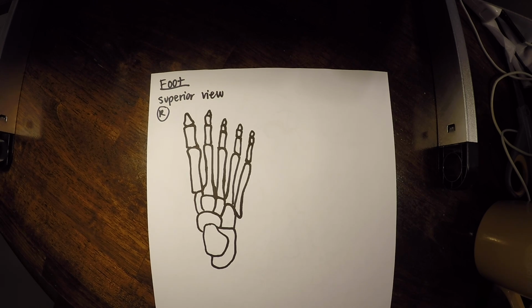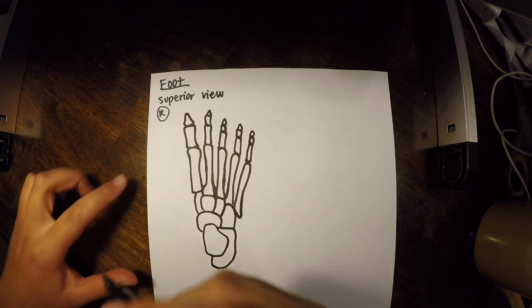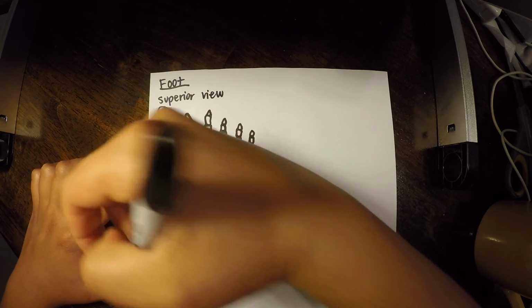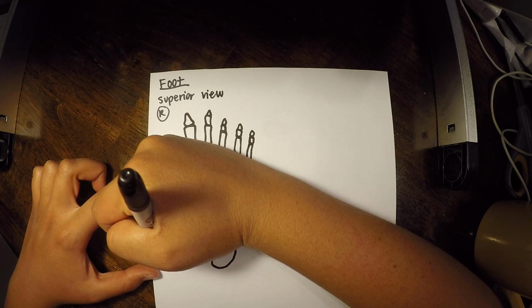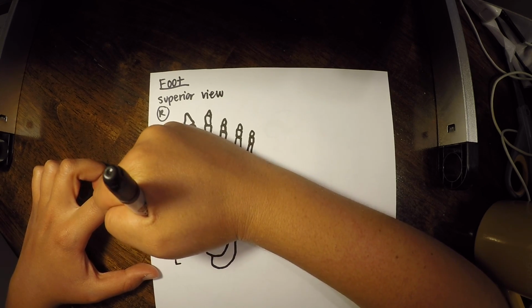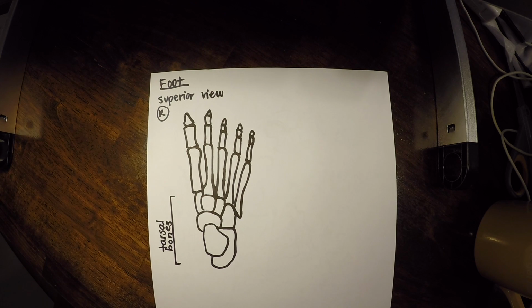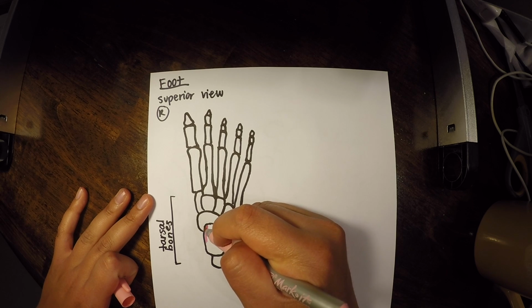I'm going to write a little sign here because I want us to remember that these are our tarsal bones. Alrighty, so for our tarsal bones, we have our talus. That's this one right here.